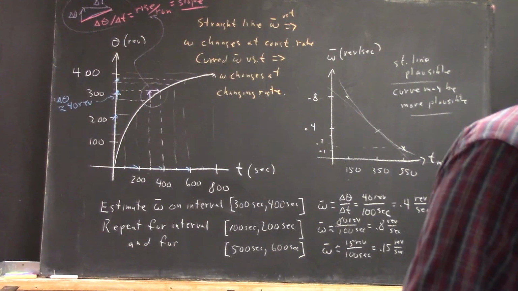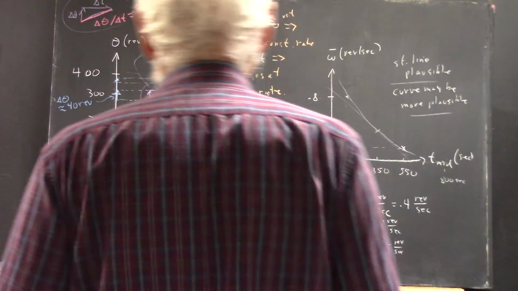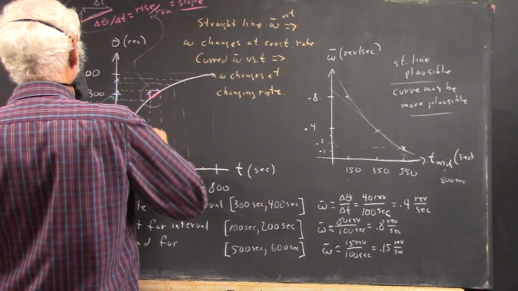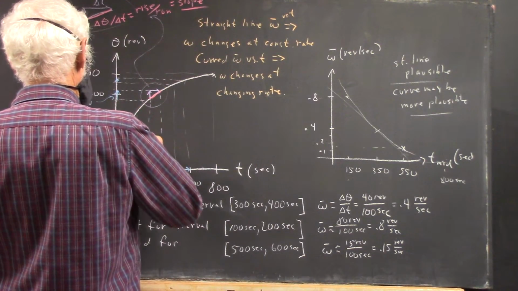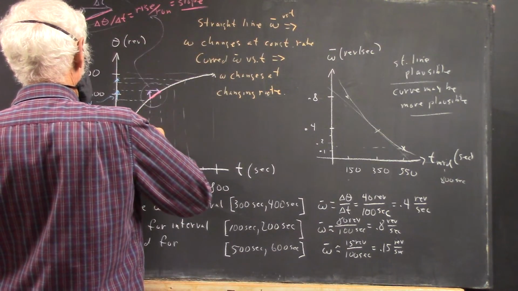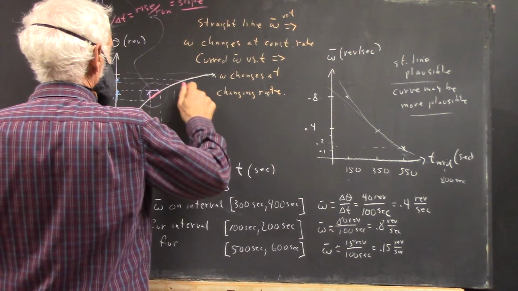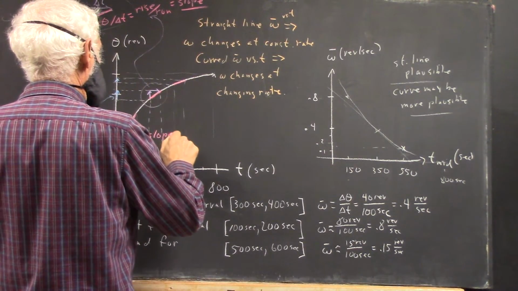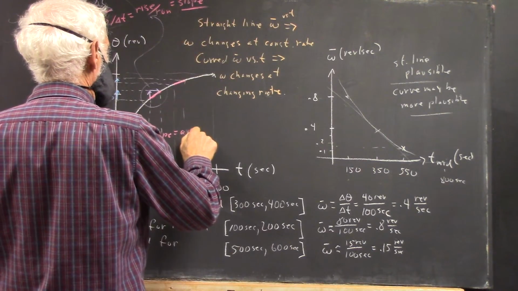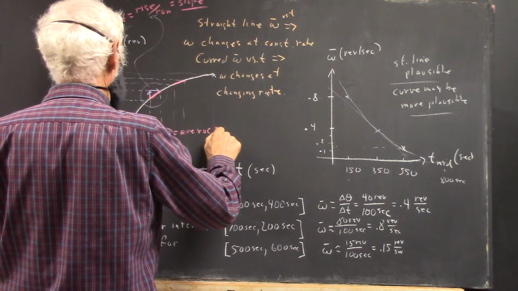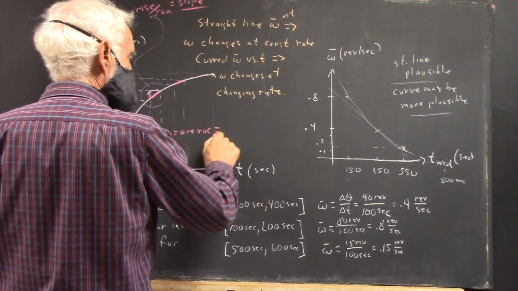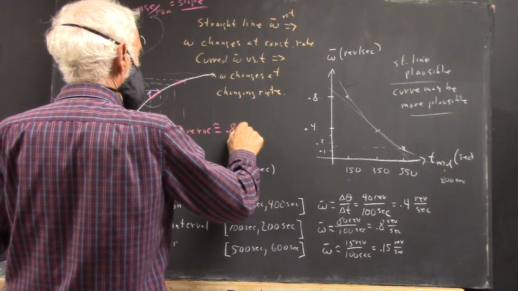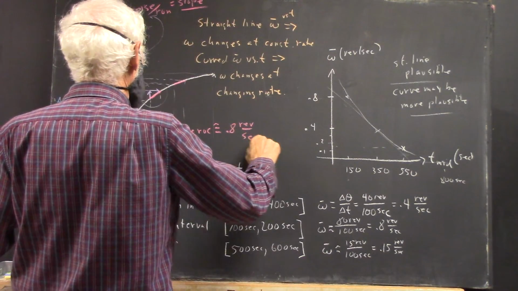So we're getting slopes here, right? So now we can say, well, okay, the straight line from here to here, and the straight line from here to here, and the straight line from here to here. This slope is approximately 0.8 revolutions per second.